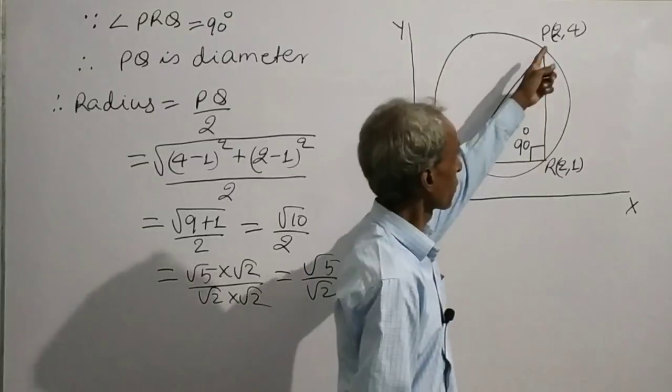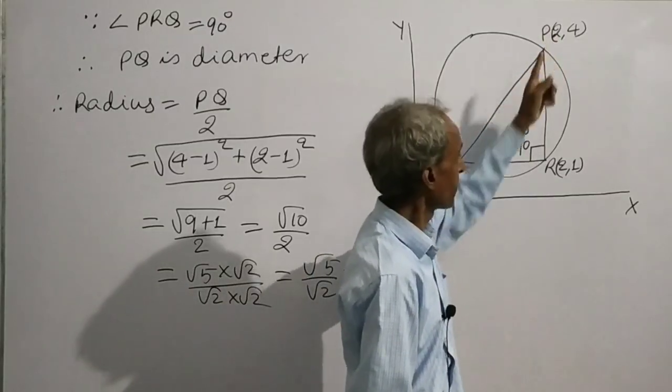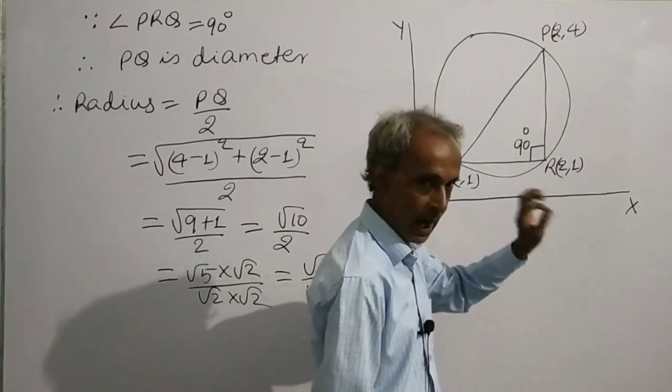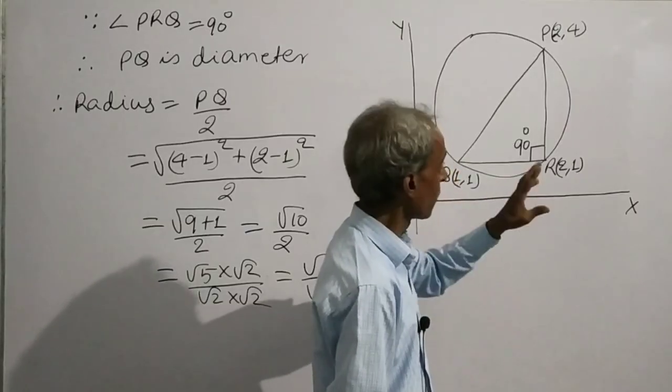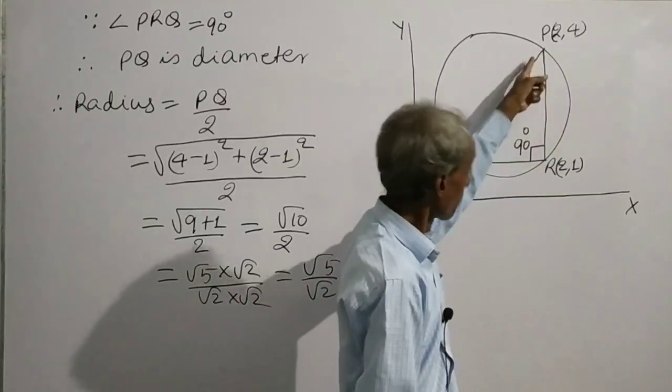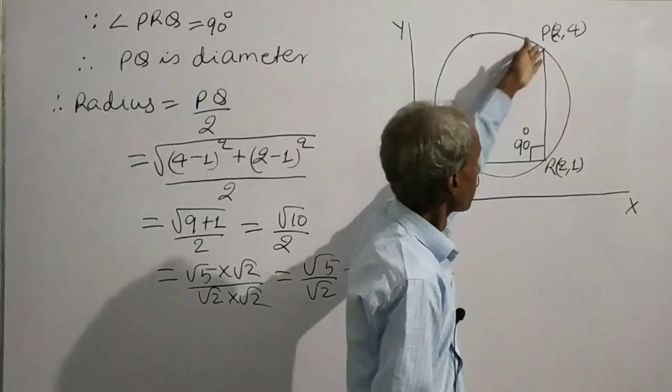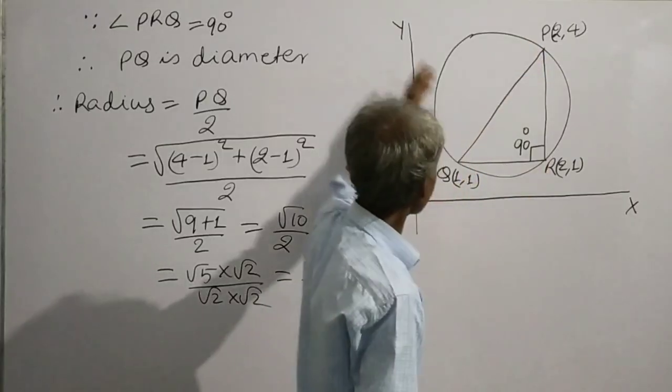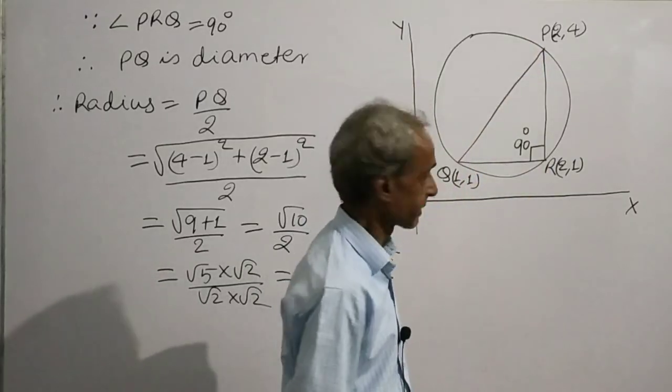Since x coordinate of point P and point R are equal, therefore this side PR is parallel to y-axis.